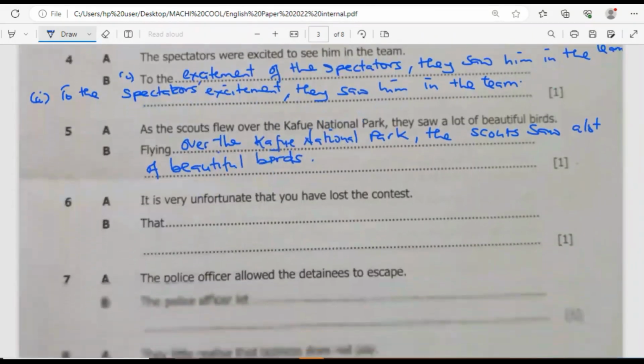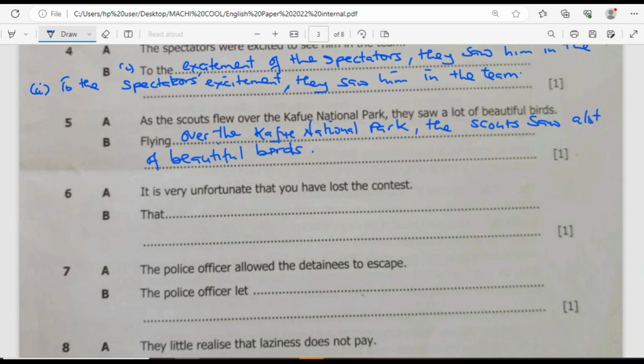Okay, so we can move quickly. It is very unfortunate that you have lost the contest. So in B, we shouldn't change the meaning of the first sentence by writing the second sentence.